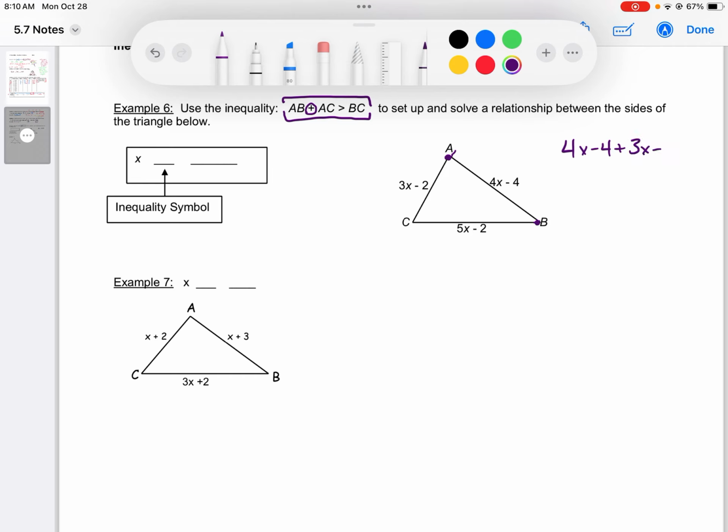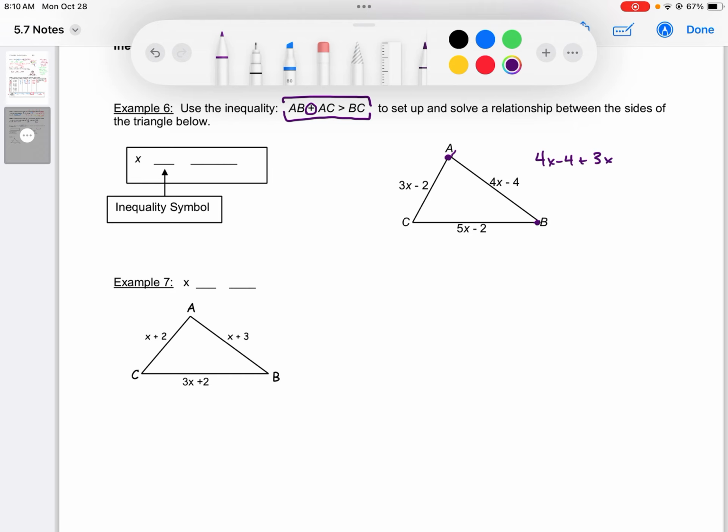And we're saying that if you added that to AC, which is 3x minus 2, it would have to be greater than BC. And I didn't give myself enough room here to write, so let me squeeze all this together real quick.